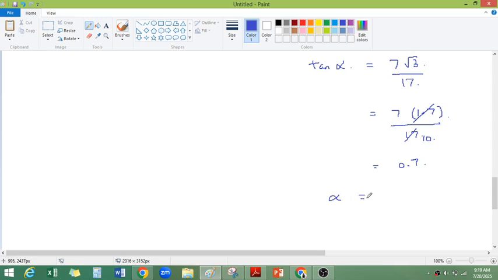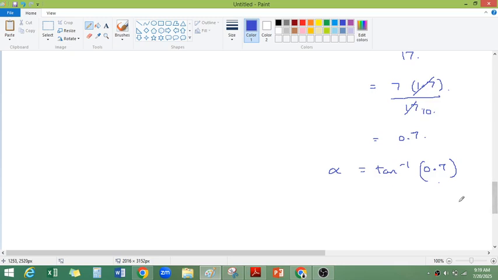So alpha is equal to tan inverse of 0.7. You can leave it like that. Or I know tan 45 is 1, and tan 60 is root 3. Sorry, tan 45 is 1. So that means tan 30 is 1 by root 3.